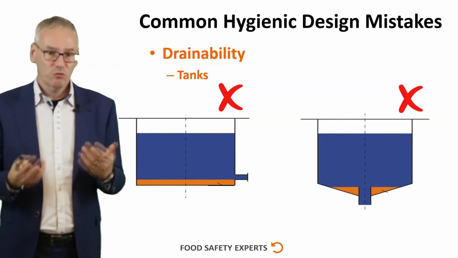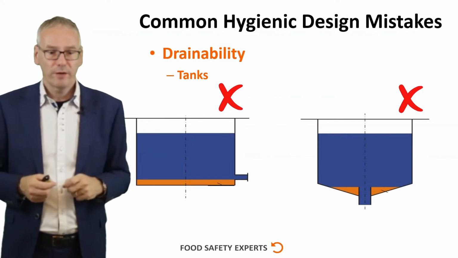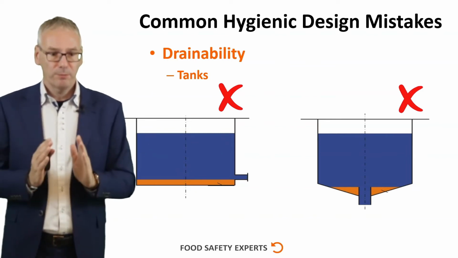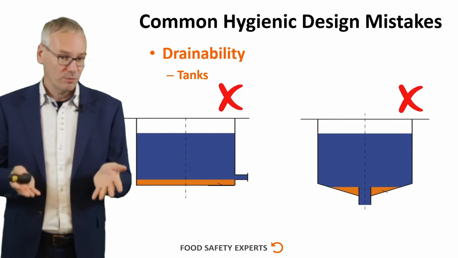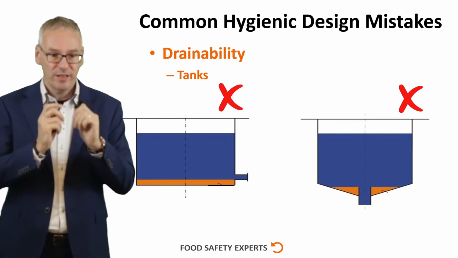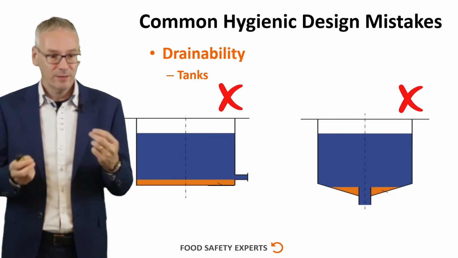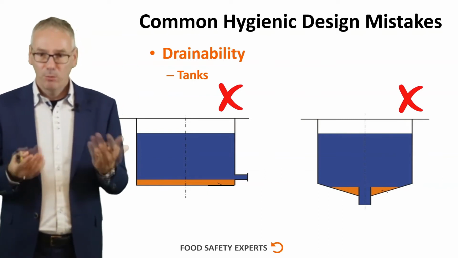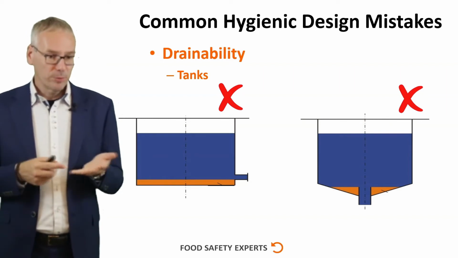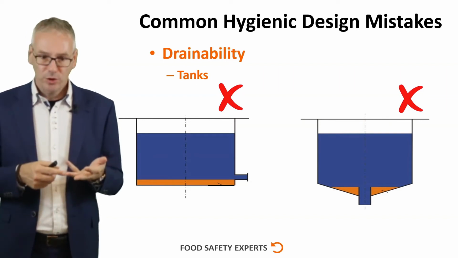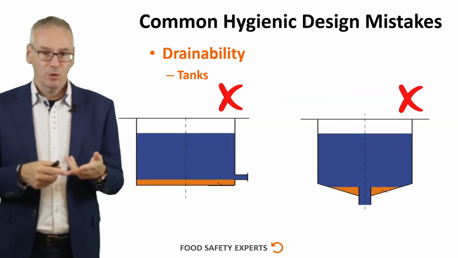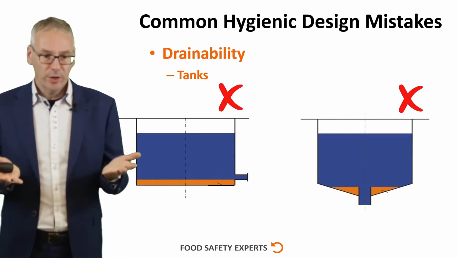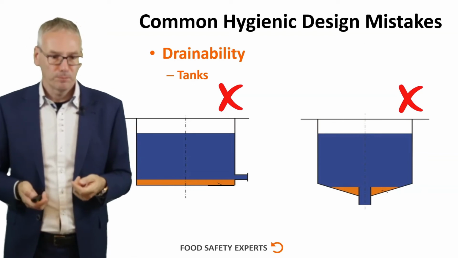The same thing is true for the tank on the right hand side, because the drain is at the bottom and it is nicely constructed, but the pipe actually sticks into the tank and hence creates a level that never gets drained. In both cases, product remains can stay there, but also chemicals can stay there, foreign objects can accumulate there, and the biofilm will grow. So it will actually create multiple problems for you.